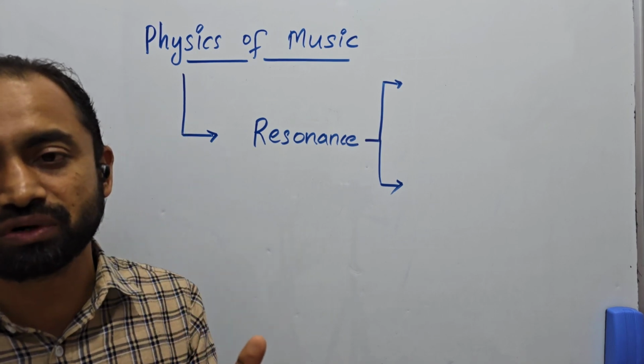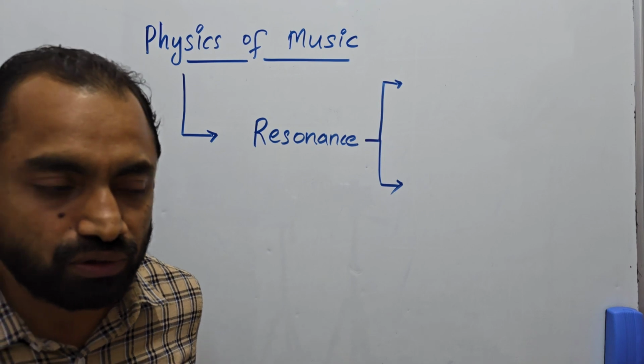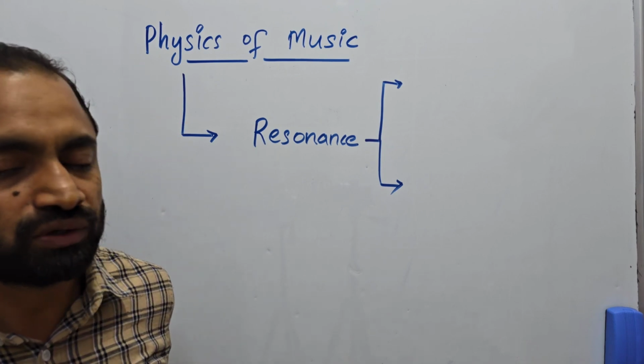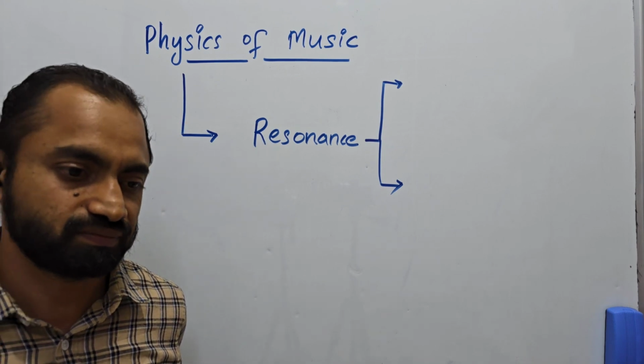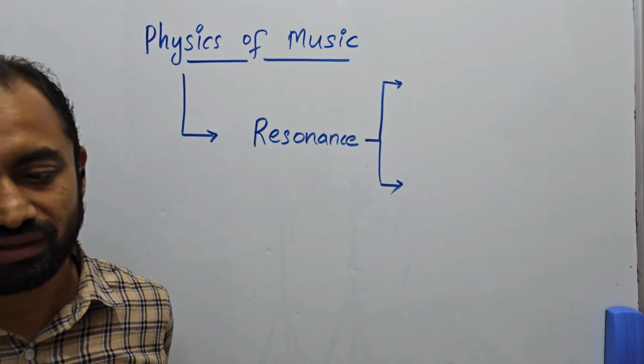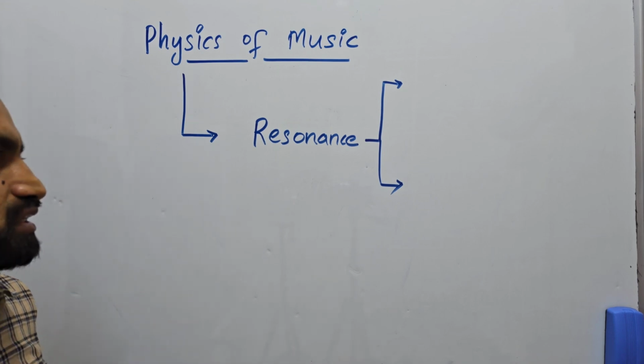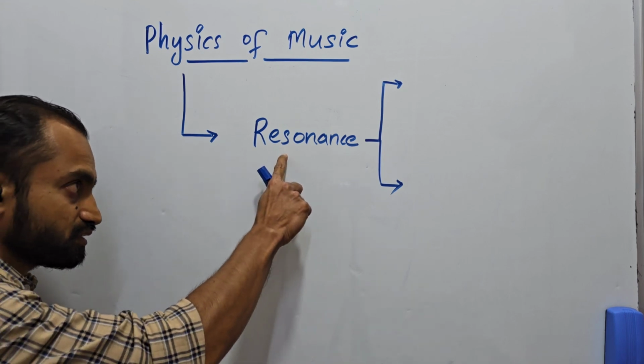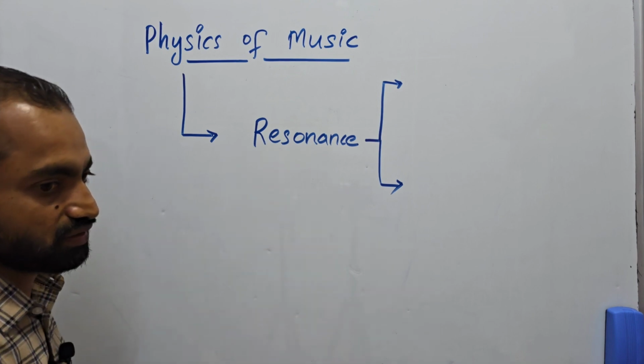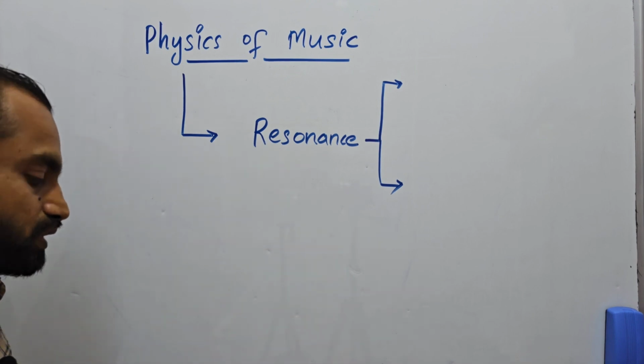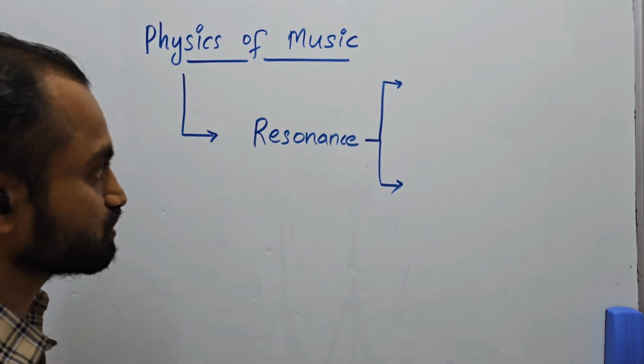That is why it is not music, it is noise. Can you change that into music? We can change that into music by resonance. How will we change that into music by resonance?